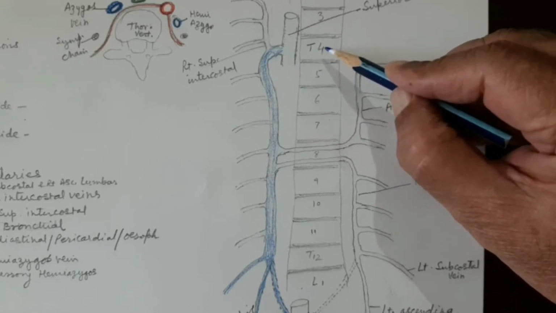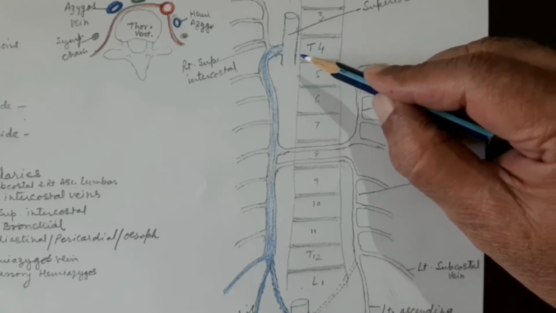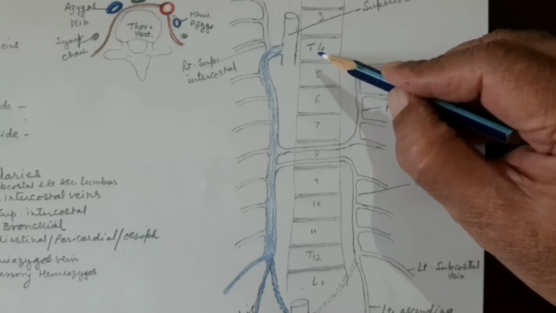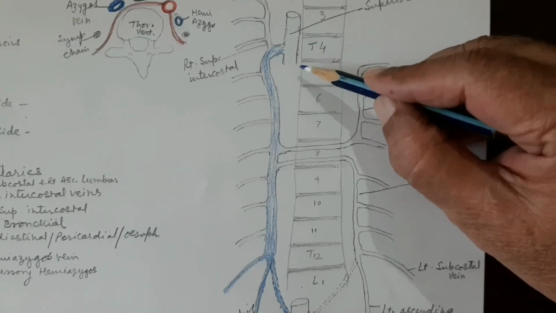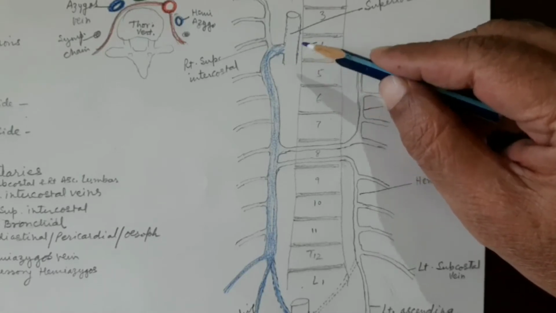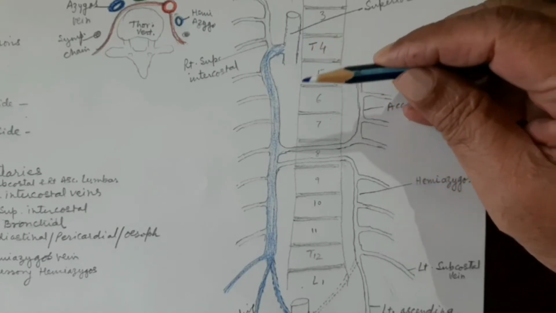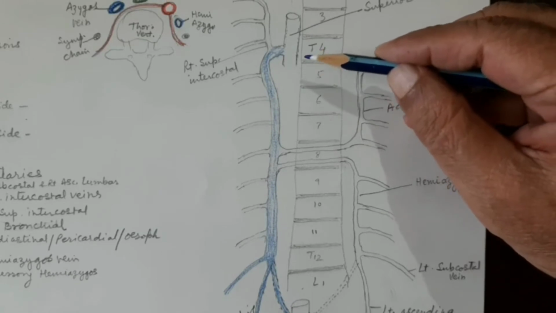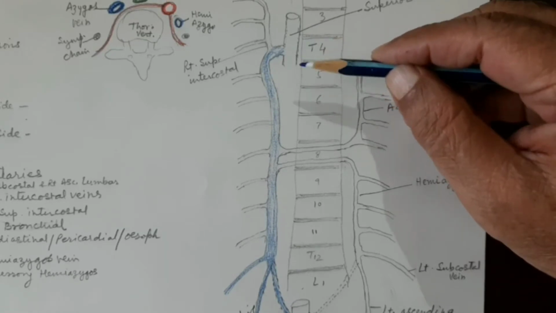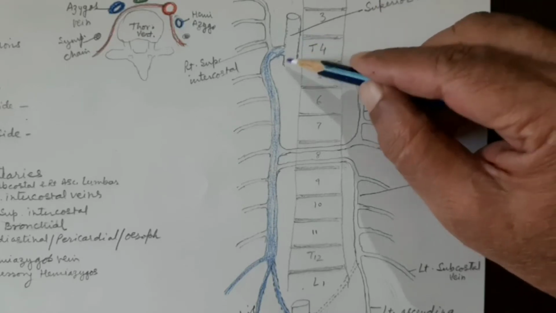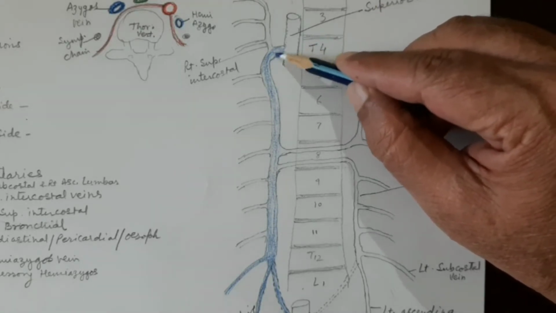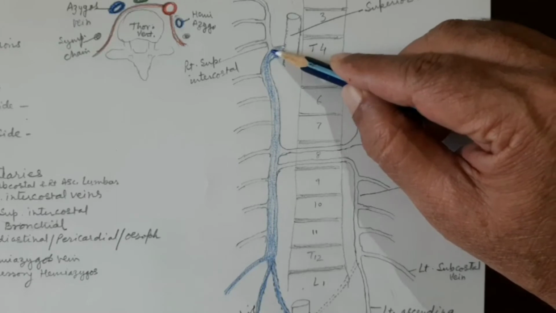At the level of T4, it arches forward over the root of the right lung. So there is the root of the right lung, and from the posterior aspect it will come anteriorly, arching over the root of the lung, going forward, and then it will open into the superior vena cava, on the posterior aspect of the superior vena cava.